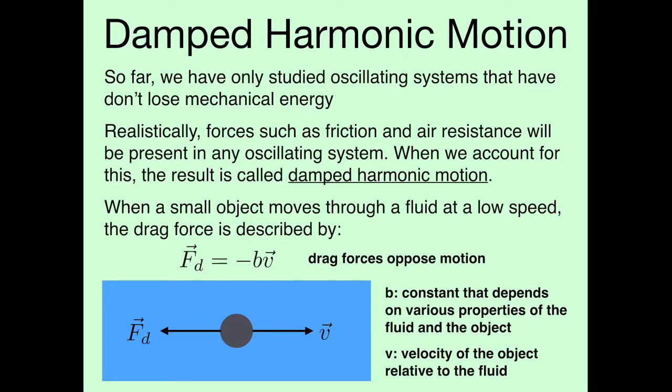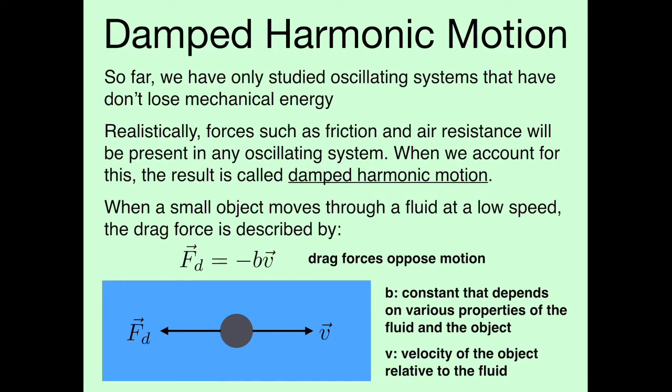Now, we have a constant in this equation, b. Now, b depends on various properties of the fluid and the object. So it depends on how dense the fluid is. It depends on how aerodynamic the object is. We're not going to concern ourselves with those details. We're just going to say it's all wrapped up in a constant which we call b.